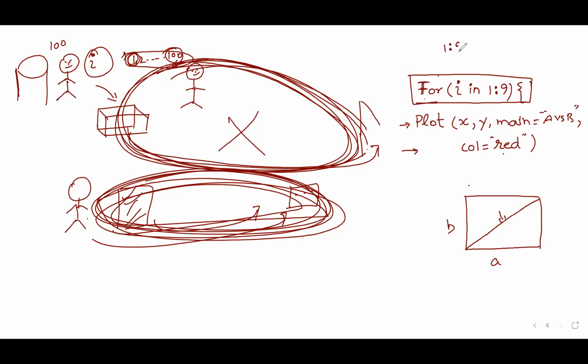If you write 1 comma 9 in R, it will show you 1, 2, 3, 4, 5, 6, 7, 8, 9. So what I'm saying here, for I in 1 to 9, means I will be 1, then 2, then 3, then 4, 5, 6, 7, 8, 9. The value will be like this.